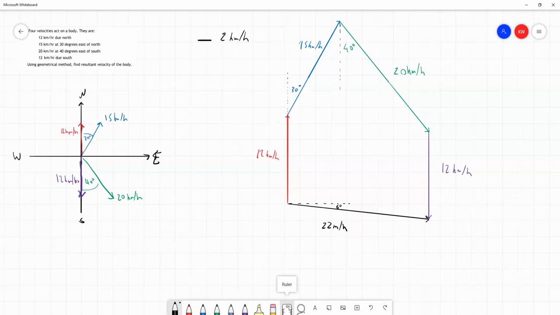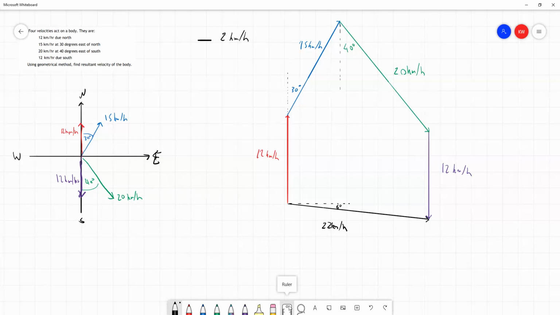If you do this same problem by hand, you might even find it varies by a couple of degrees or a couple of kilometers per hour, because it's hard to be precise, particularly when we're making multiple measurements, but it should look a bit like this. And of course, when it comes to assessing, there's definitely a margin for error, which is factored into the answers.